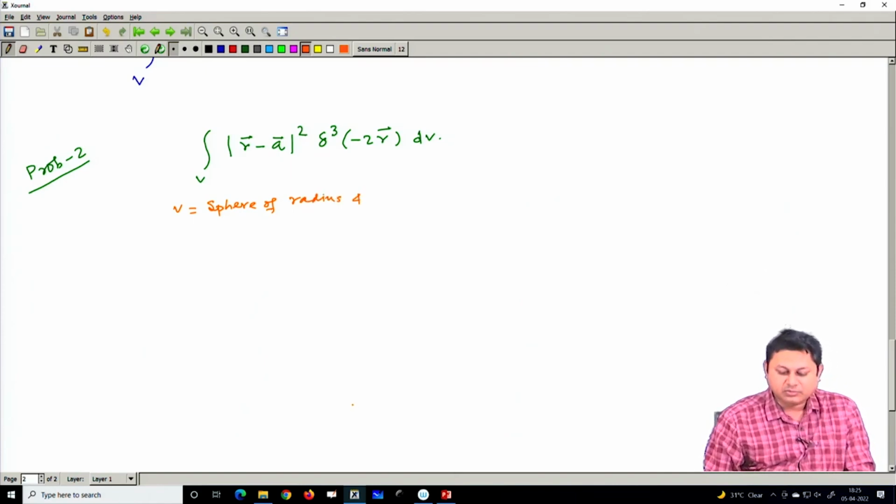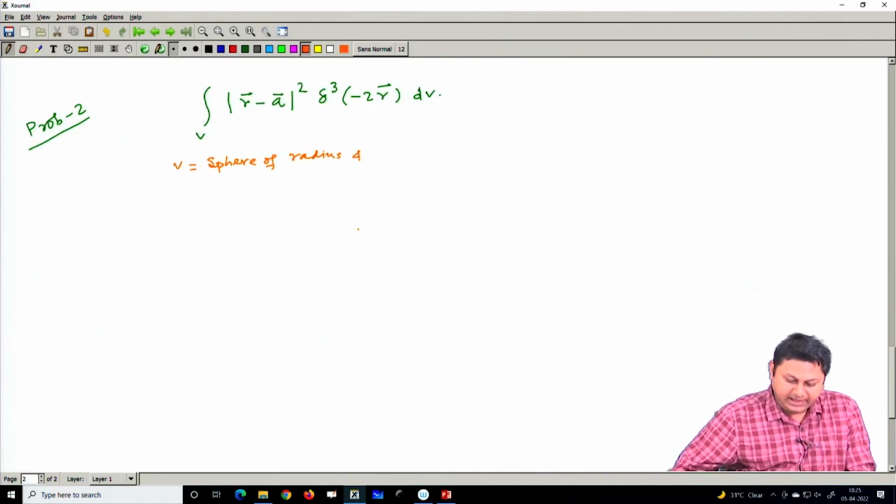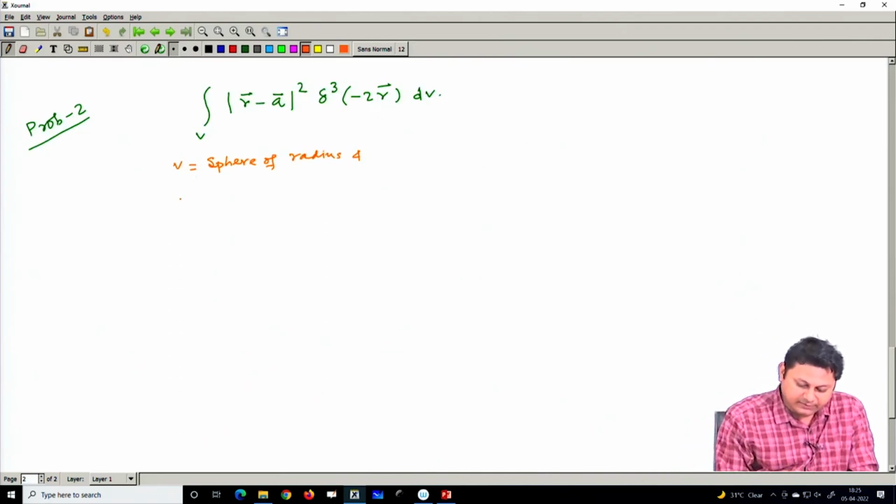So, we are integrating over a sphere of radius 4, and the vector a is also given, that is important, and this vector a is i plus j plus k.